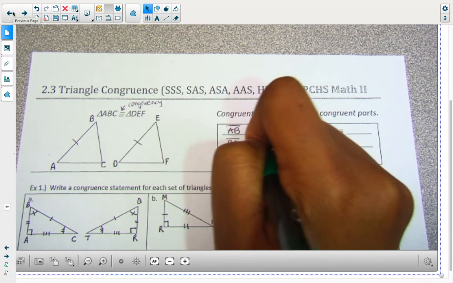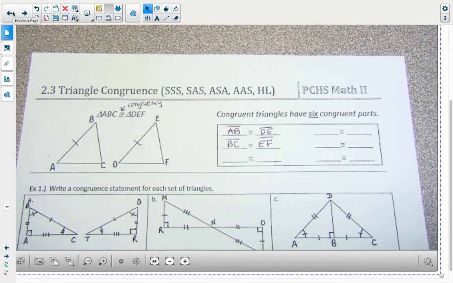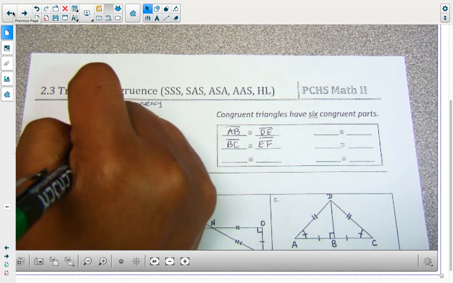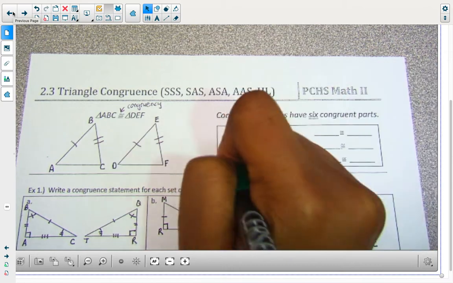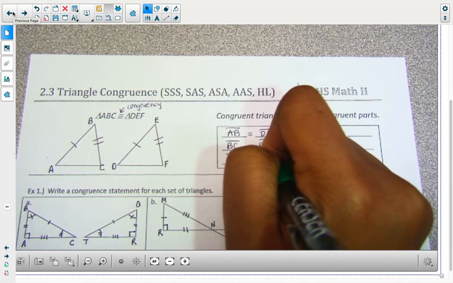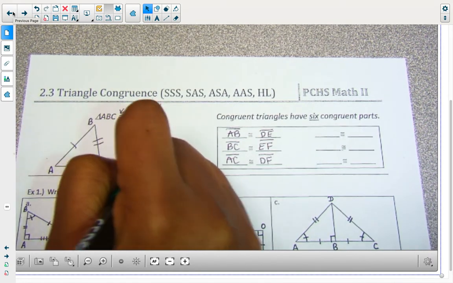BC is congruent to EF. So in my triangle, I can go and put some congruency marks there. Then I have AC is congruent to DF. So I can put 1, 2, 3, 1, 2, 3.